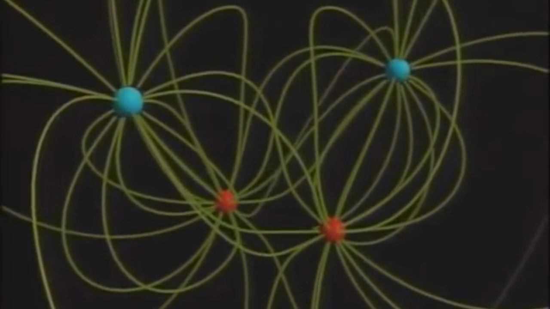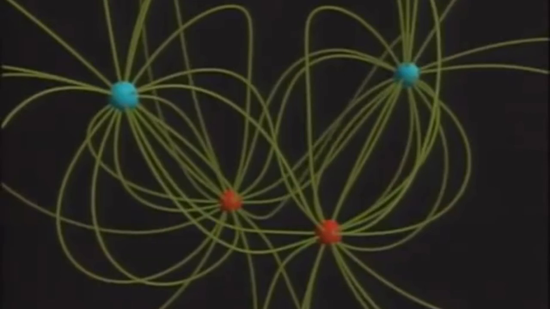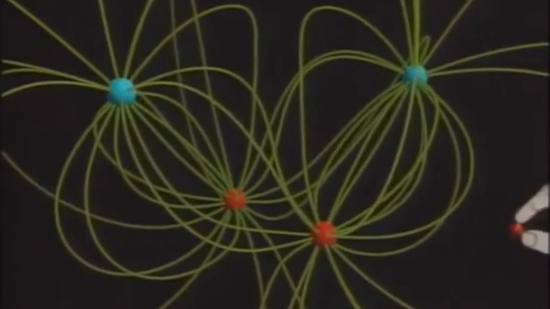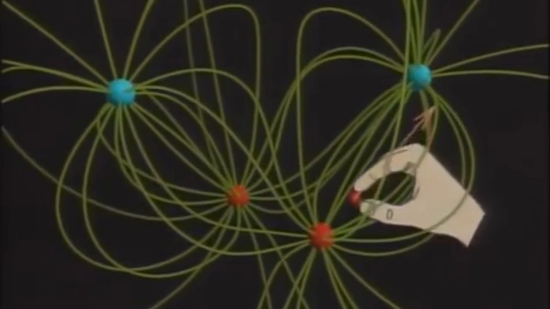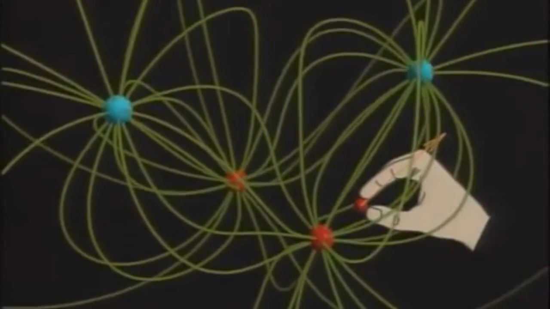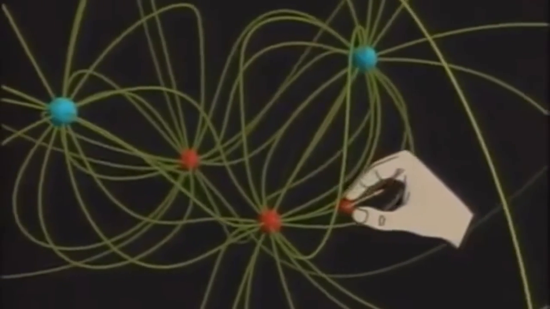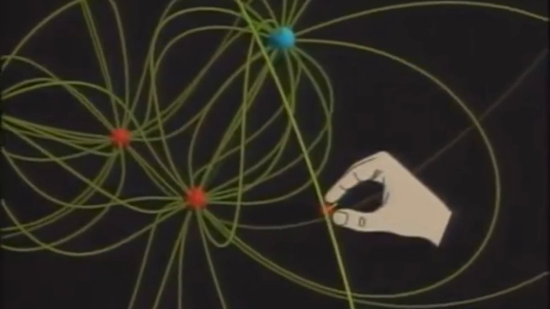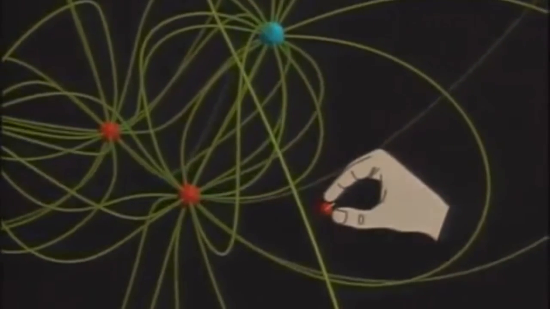No matter the configuration, the charges would have a characteristic pattern of lines. The force they applied would be strong near the charges where the lines are crowded together, and weak far from the charges where the lines are farther apart. The ability to apply a force resides at each point in space, and the force arises from the intensity of lines, regardless of the location of the charges that create them.